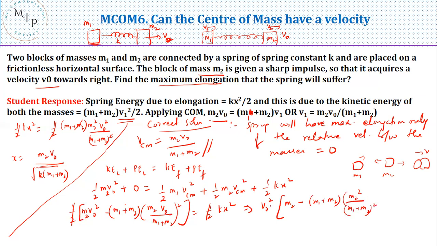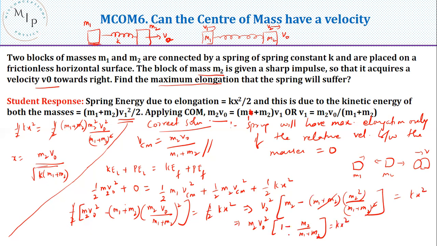See, this I am expanding. Is equal to kx square. So this and this go away, and I can take m2 common. m2 v0 square into 1 minus m2 divided by m1 plus m2 is equal to kx square.